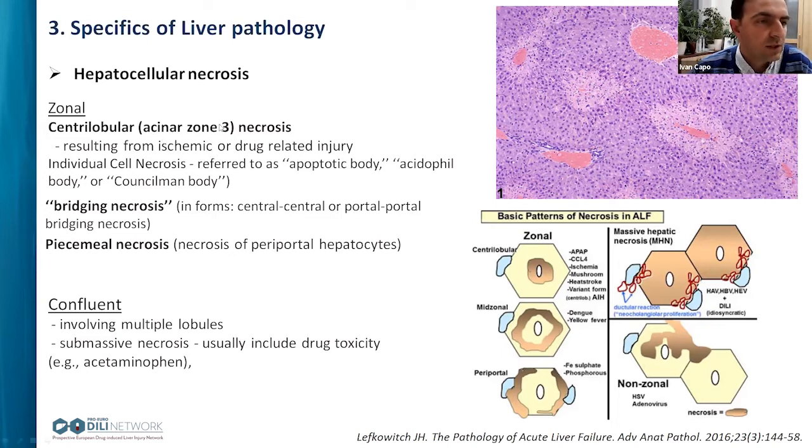Centrilobular necrosis, which actually represents acinar zone 3 necrosis, is usually attributed to ischemic changes or drug-related injury. Like in this picture, we can see the central part, the vena centralis, and around this vein, we can see the dead hepatocytes.